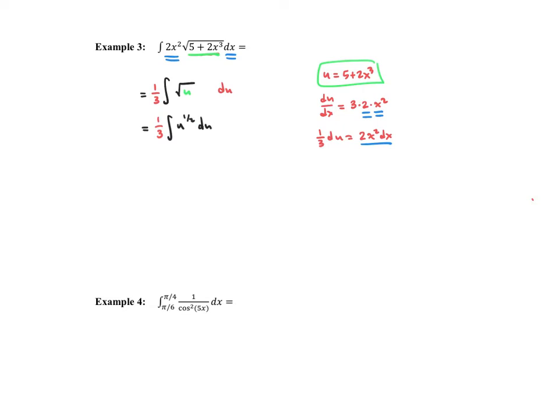Taking the integral of the square root, if you memorize it, that's great. If you don't, use the power rule of integration. So that'll be 1/3 times 3/2, so 2/3 u to the 3/2 plus c.